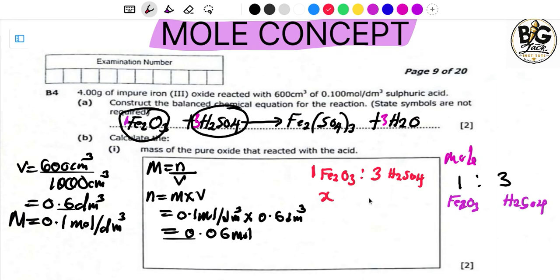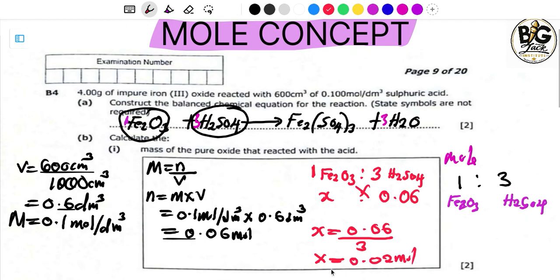But here we have calculated the number of moles of sulfuric acid, which is 0.06. So the value of X is going to be 0.06 divided by 3, which is 0.02 moles. This is the number of moles of pure oxide.